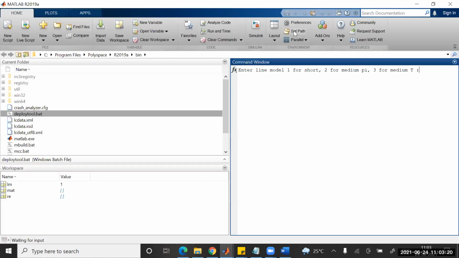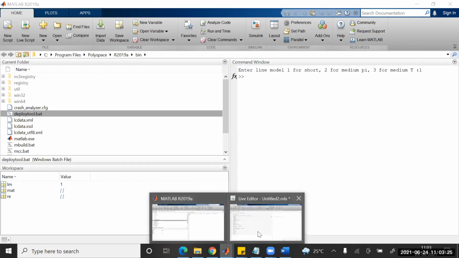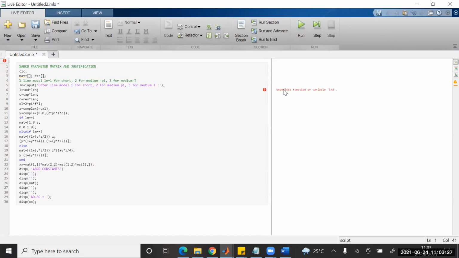This one is showing again. Let's see. Enter 1. If we are getting value, okay, no, we are not getting the value. Still it's showing the same issue, the same problem: undefined function or variable.